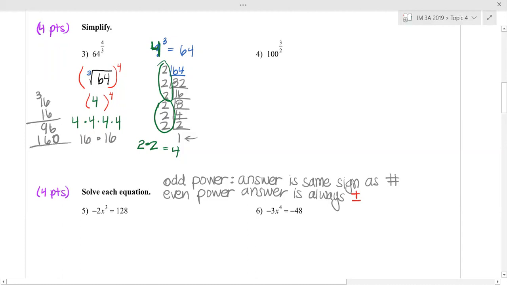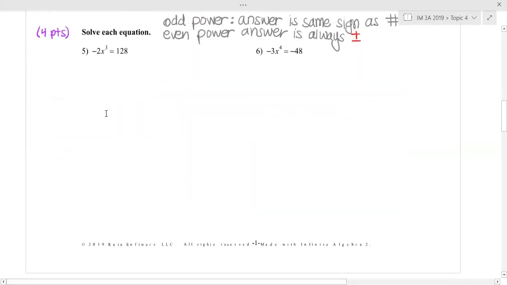And so this ends up being 6 plus 0 is 6. 9 plus 6 is 15, which means that 16 squared is going to be 256. So 64 to the 4/3 power is equivalent to 256.